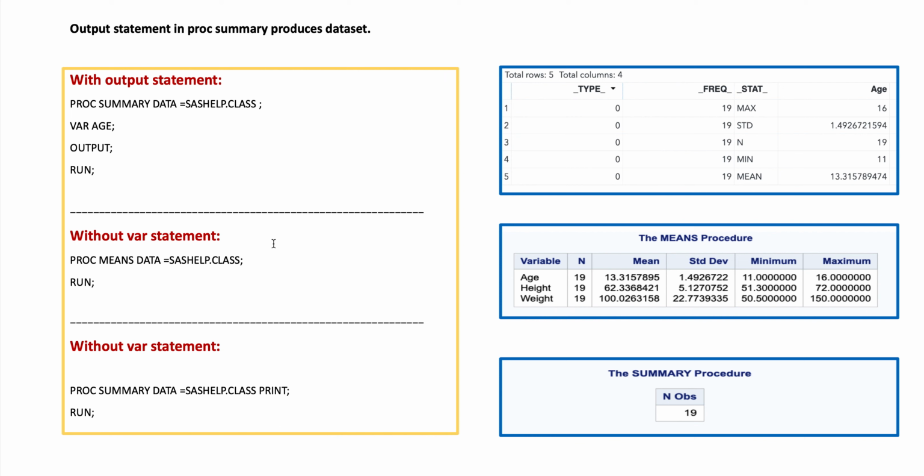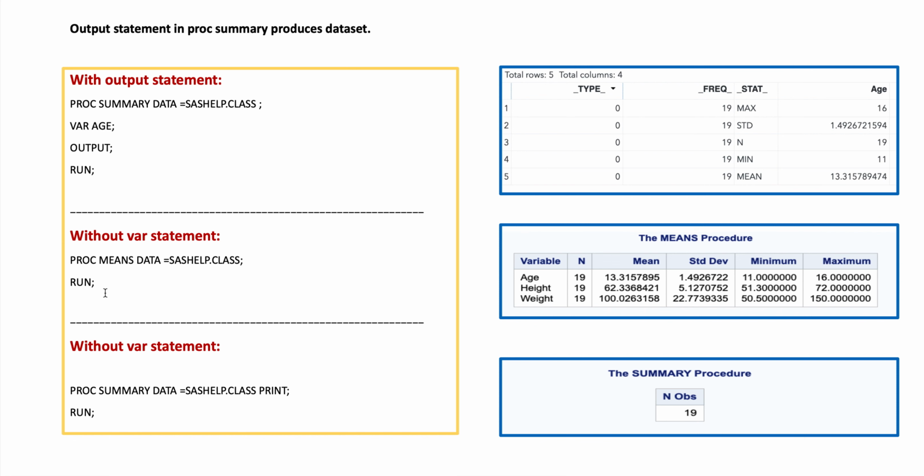Without the var statement, what will happen? Let me use this code here. Proc means data SAS class and run. We have not provided any var statement here. By default, it will produce the statistics of all numeric variables.